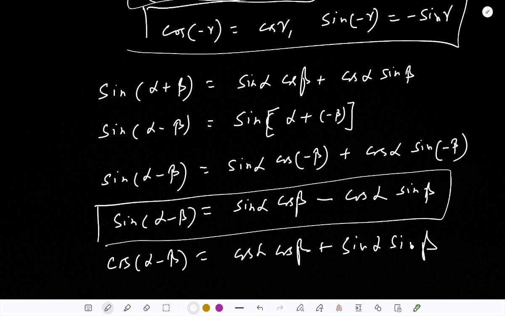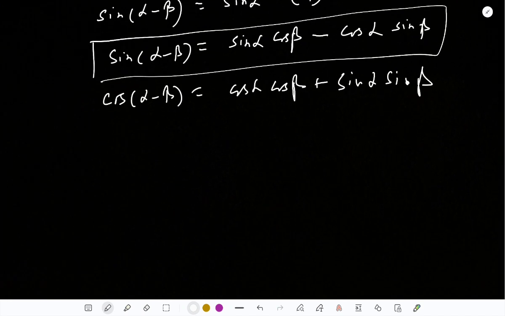But sometimes you need a different formula as well. When you study, you will be needing besides these addition and subtraction formulas something else that is called sum to product formula.